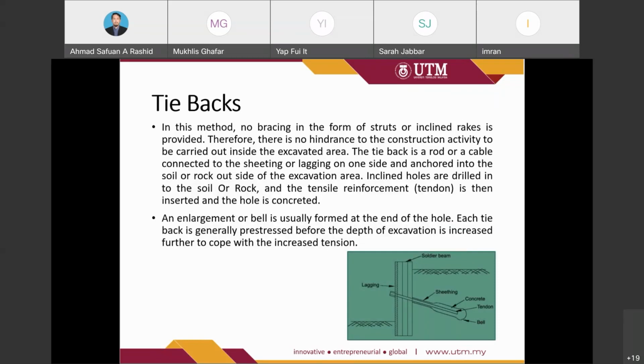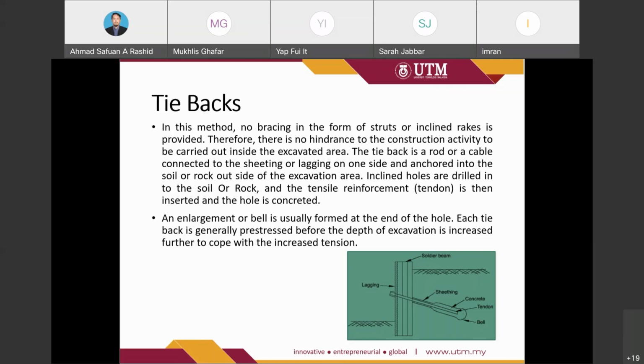The tieback is a rod or cable connected to the sheeting or lagging on one side and anchored into the soil or rock outside of the excavation area. Inclined holes are drilled into the soil or rock, and tensile reinforcement is then inserted and the hole is concreted.